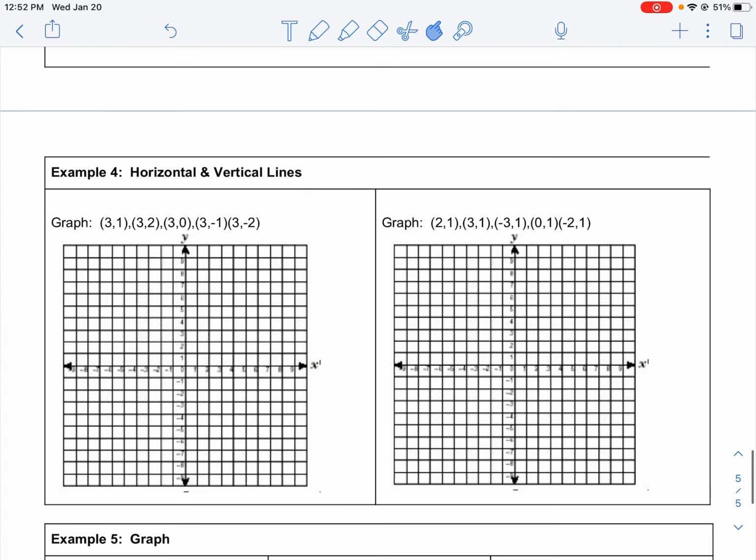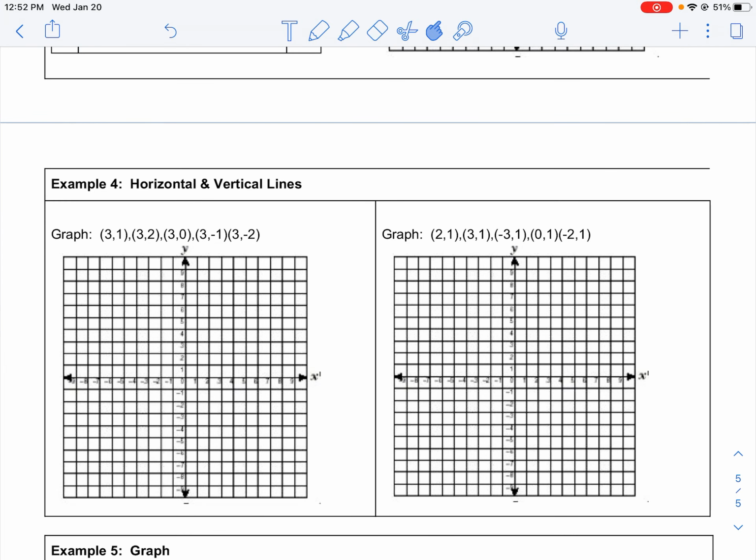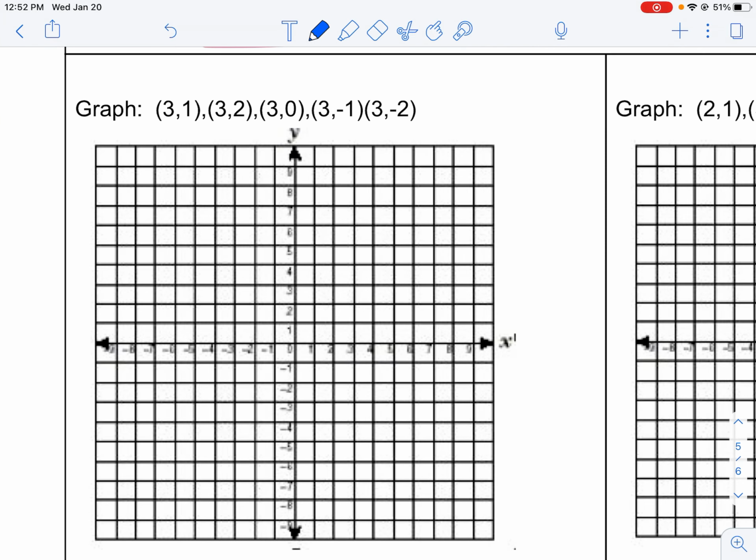In example number 4, we have horizontal and vertical lines. This should give away what you are plotting on these graphs. You are literally going to take these coordinate points and plot them. I'll do the first one. So we have 3 to the right and up 1.